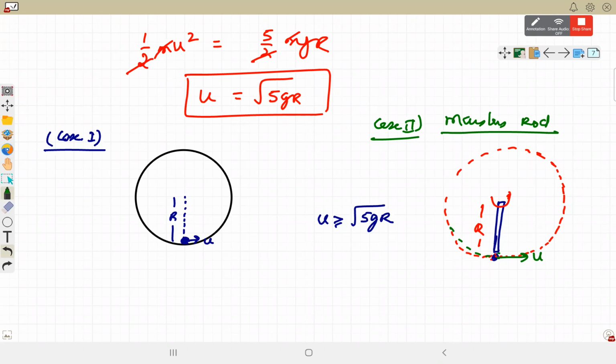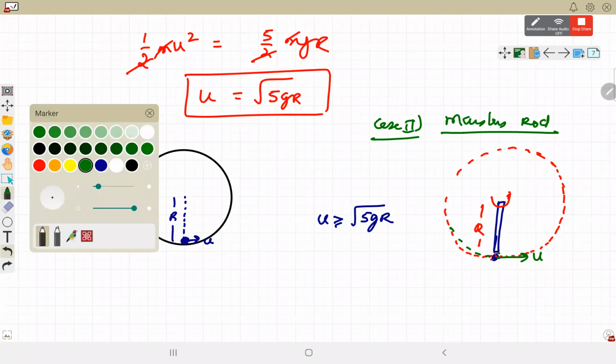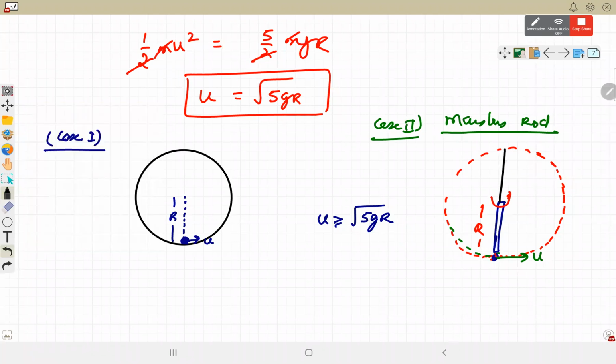But in this case, even though velocity becomes zero, it cannot go down since the rod can provide compressive force also. It cannot become slack, in simple words. So even when the velocity at the maximum height becomes zero, the rod cannot become slack like the string does, and it will continue moving on the circle.